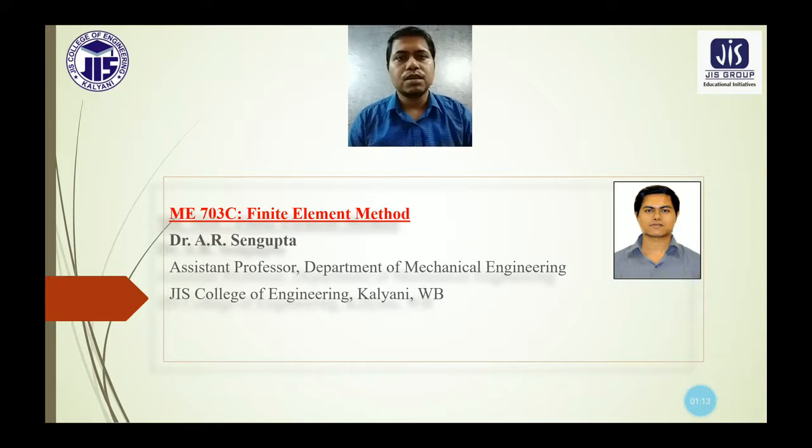So the concept of Gaussian quadrature was discussed in detail, and today in this lecture we will discuss several numericals based on the formula of Gaussian quadrature. Okay, so let us start this lecture.